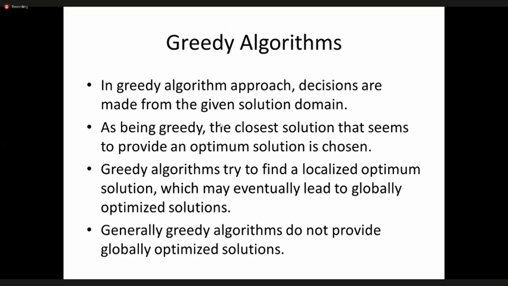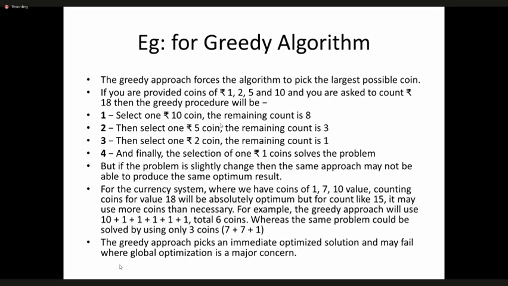Always, greedy algorithms try to find a localized optimum solution which may eventually lead to globally optimized solutions. Generally, these greedy algorithms do not provide globally optimized solutions. Right? This is a brief introduction about the greedy algorithms. We'll take an example for the greedy algorithm.